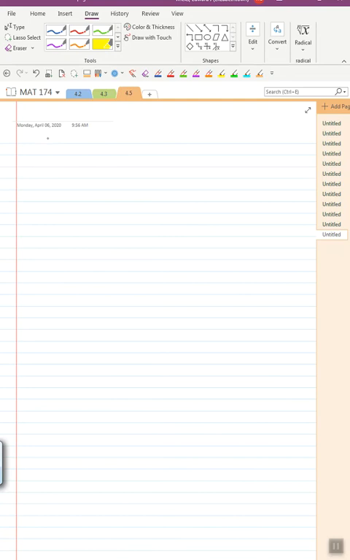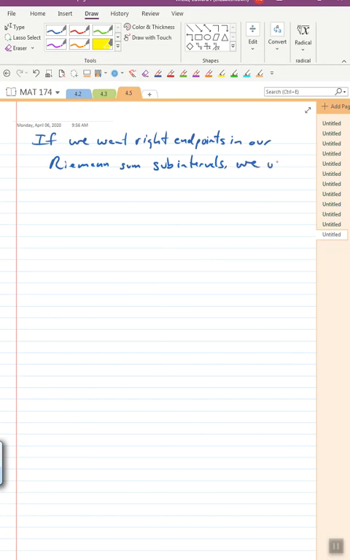Okay, so here's what I've got. If we want right endpoints, in our, let's say, Riemann sum subintervals, we can use a formula actually. We can say that each ck is the overall left endpoint of the interval plus k times delta x.